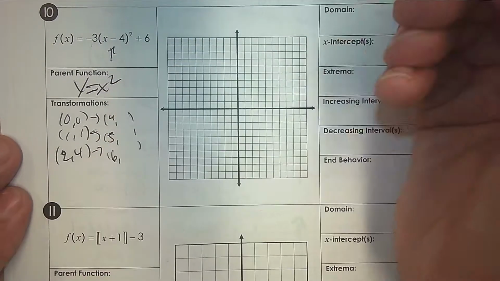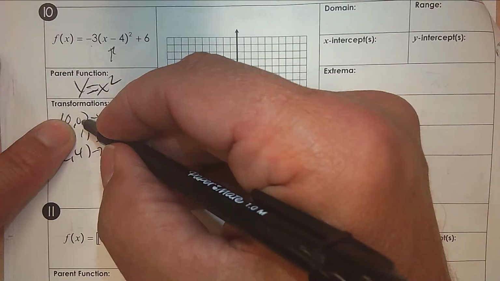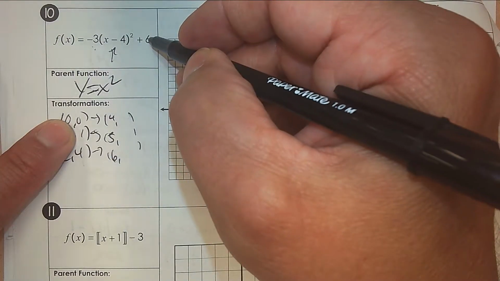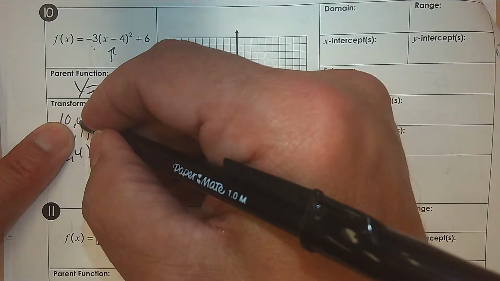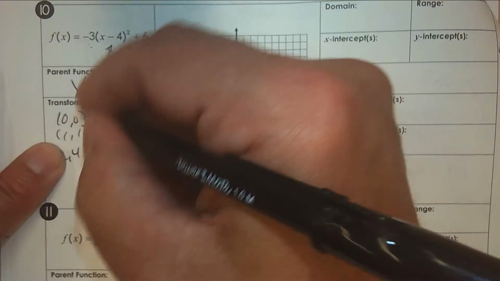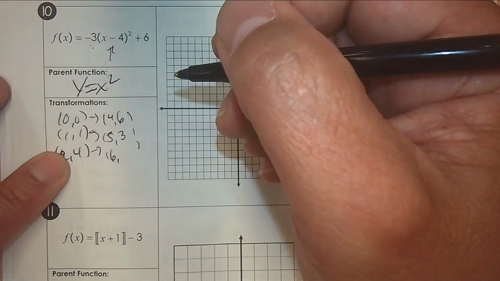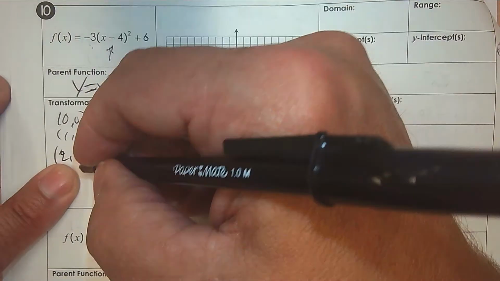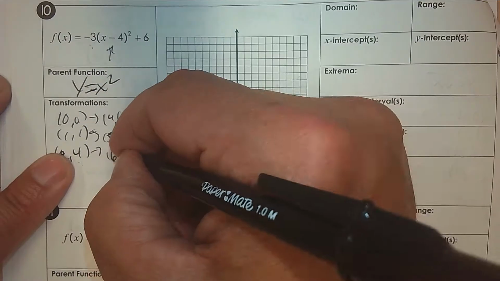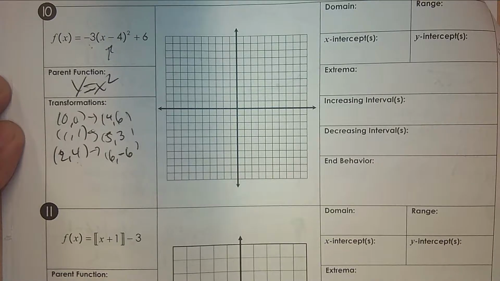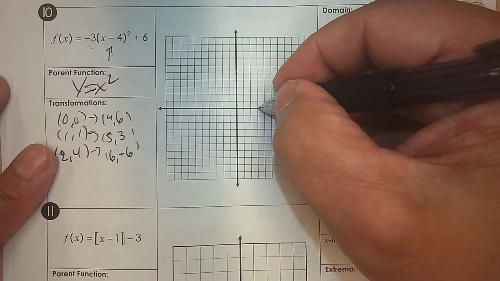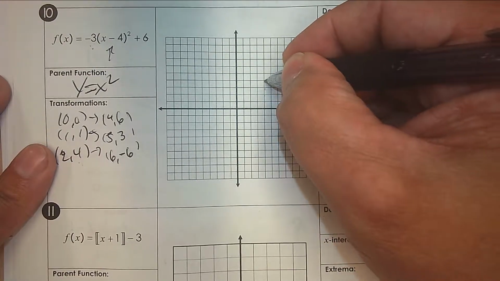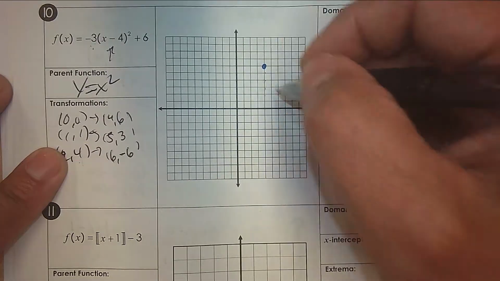So I just added 4 to this, the y, times -3 plus 6. So 0 plus 6, 1 times -3 plus 6, 4 times -3 is -12 plus 6. So now we have some points to plot. So 4, 6, 5, and 3.